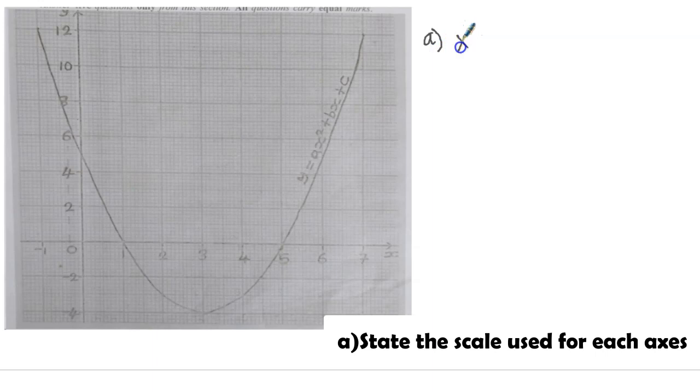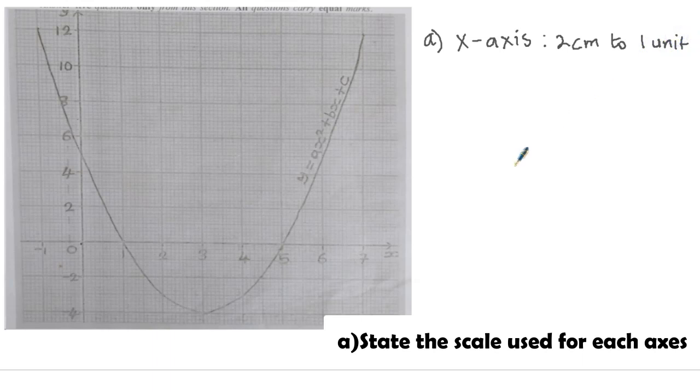First, on the x-axis, you count the little boxes as 10. Every 10 little boxes is 2 centimeters. So here we could see that 2 centimeters is 1 unit.